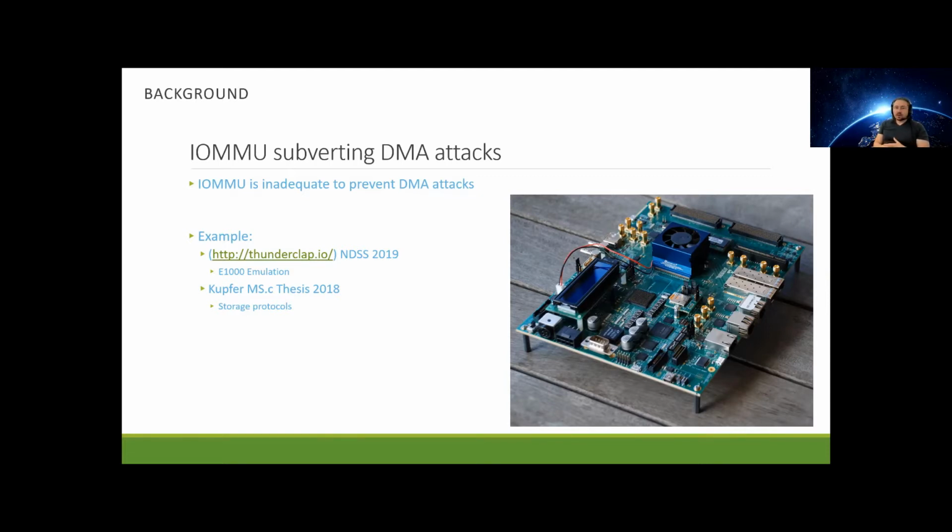Another was a work by Kupfer in his master's thesis, where he was able to take advantage of a DMA vulnerability bug in the FireWire device driver and actually execute a code injection attack on the target machine.